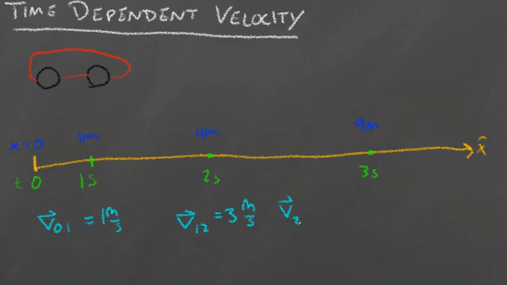And our velocity between time 2 and time 3 is a difference of 5 meters in 1 second, so 5 meters per second. But again, these are just our average velocities, because we see that velocity is constantly changing the entire time. So because of that, our average velocity is changing the entire time.